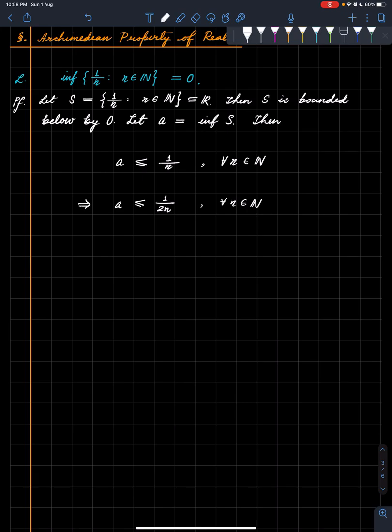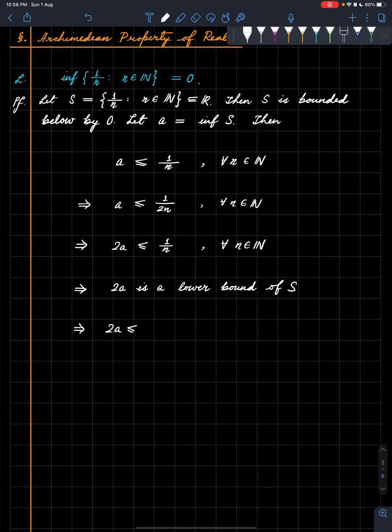Okay, so please note this step, which gives us that 2A is at most 1 upon n for all natural numbers, which implies 2A is a lower bound. But since A is the greatest lower bound, we have 2A is at most A.